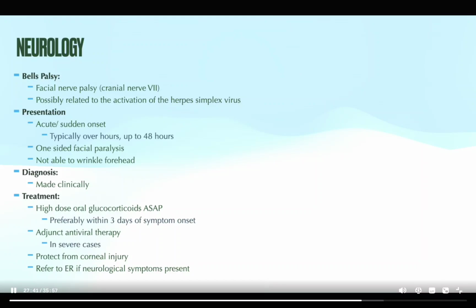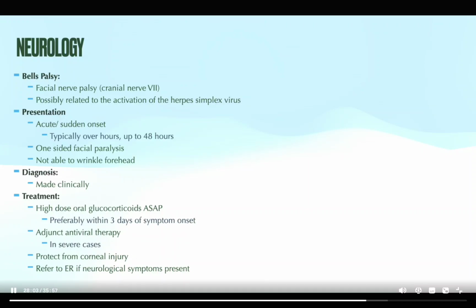It's obviously very important that we do a thorough neurological exam with these patients. If there are any atypical neurological symptoms, then these patients absolutely require a referral to the ER and they get emergent imaging done. So the treatment for Bell's palsy is high-dose oral glucocorticoid ASAP, preferably within 3 days of symptom onset.